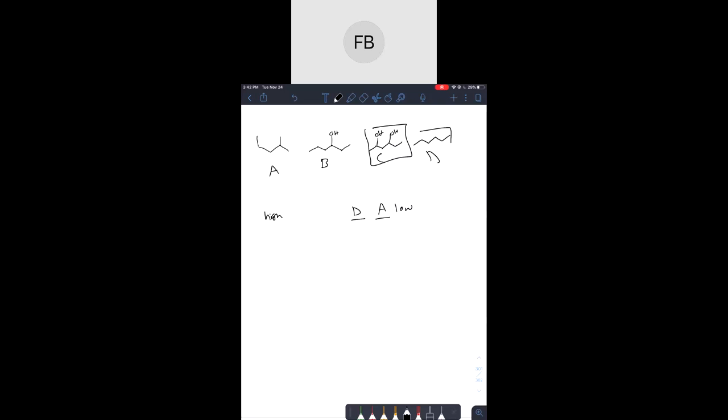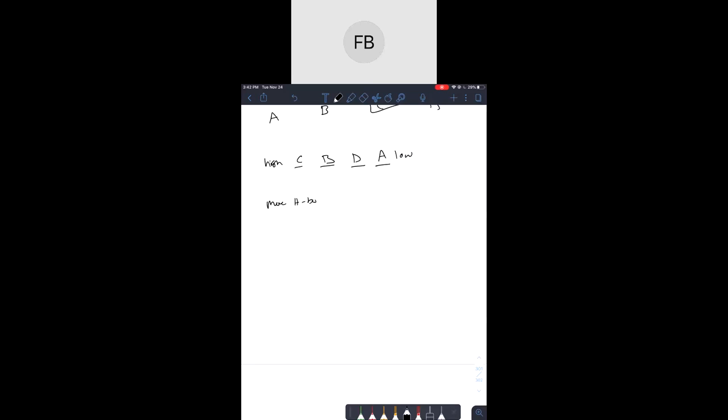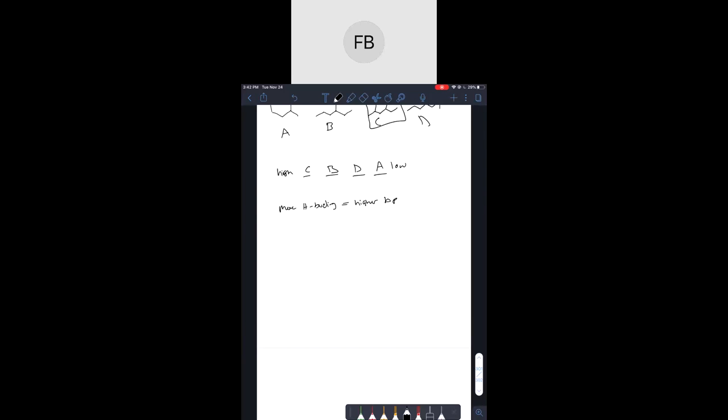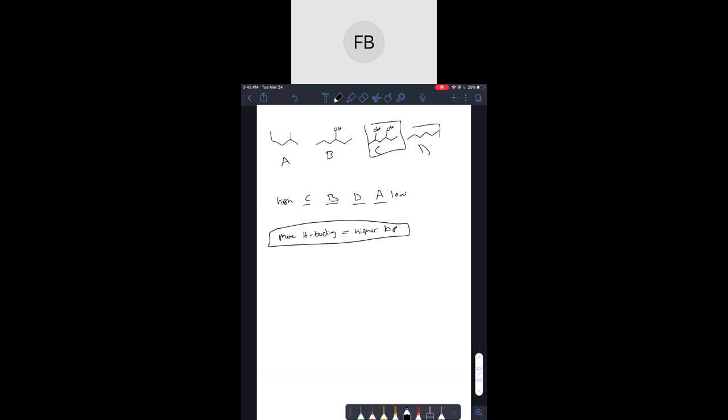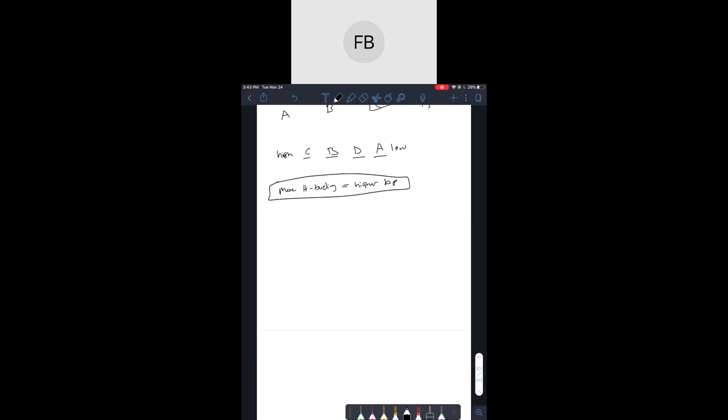So the more hydrogen bonding, the higher the boiling point. So C is going to be highest, then B. Then between A and D, it comes to our other rule about branching: the more branches, the lower. So A is the lowest, D is the next.